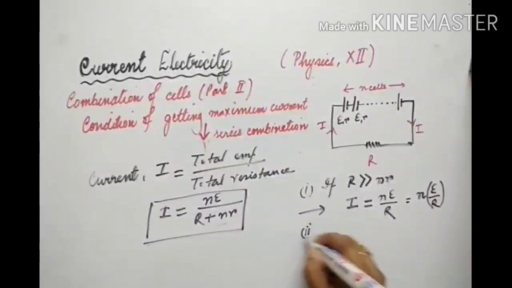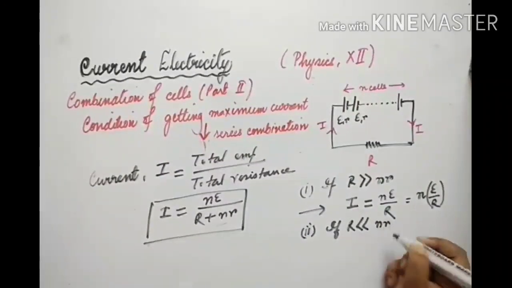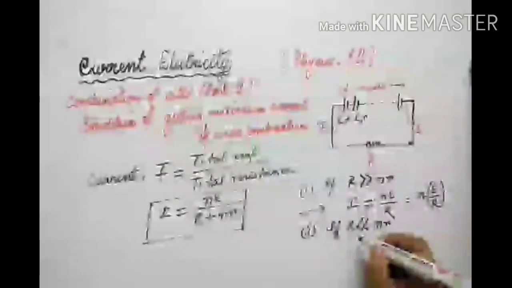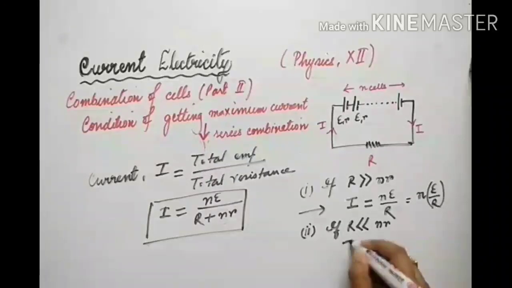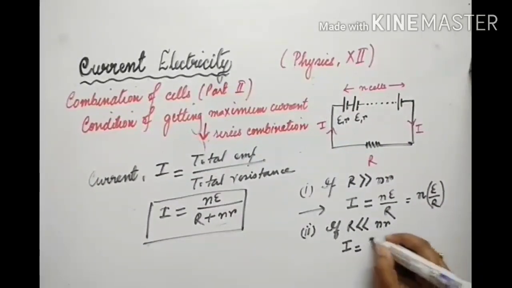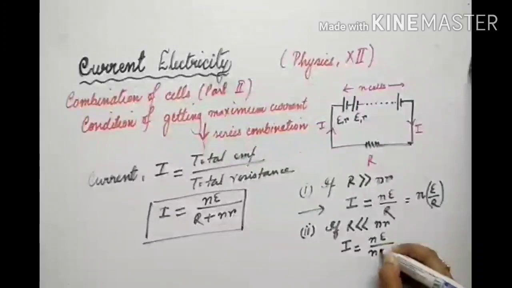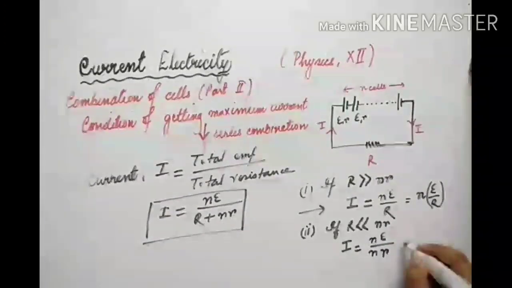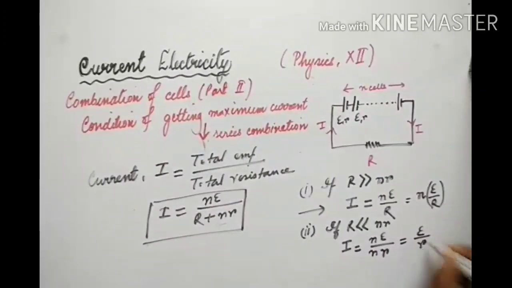Now let us see what happens if R is much less than nr. Then in nE, R will be neglected, and here we will get the current due to a single cell, which is obviously much less than this one.